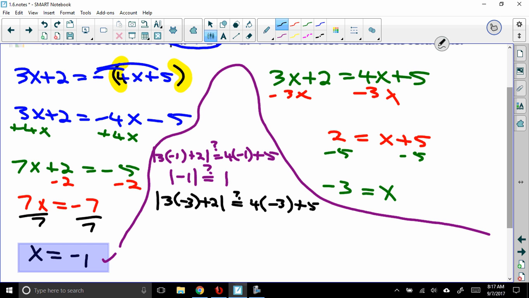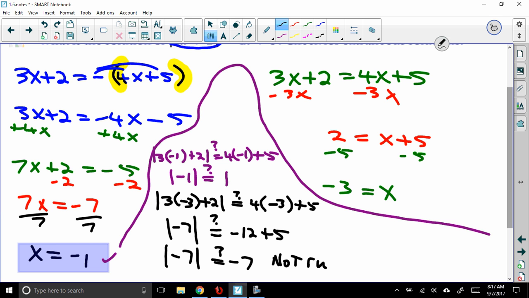Negative 9 and then plus 2, so that's going to be negative 7, right? Is negative 7's absolute value equal to negative 12 plus 5? Is negative 7's absolute value equal to negative 7? No, remember absolute values are distances. So this is not true. So what do we say about this answer?